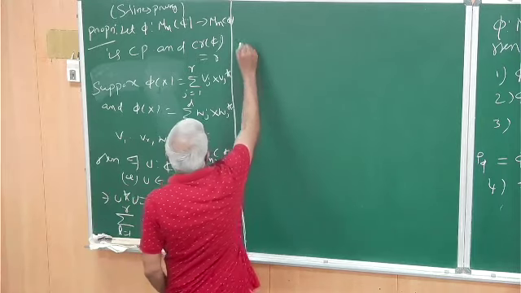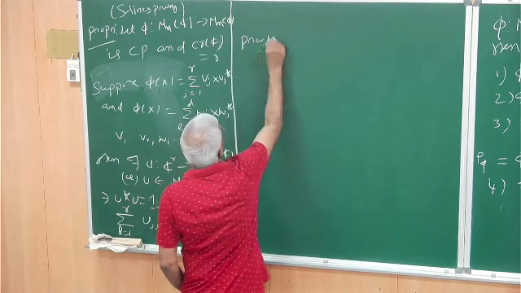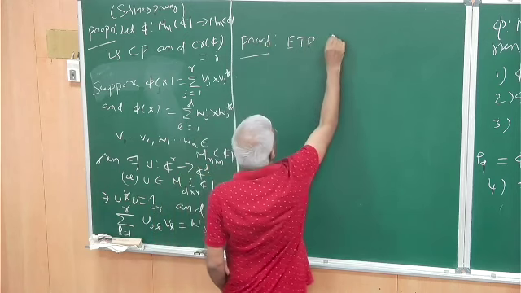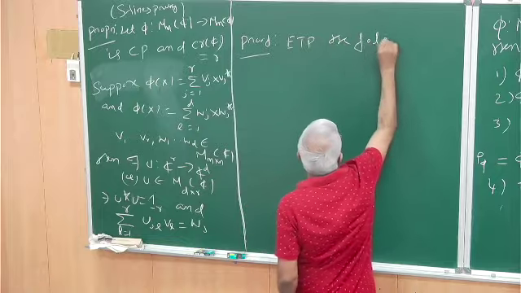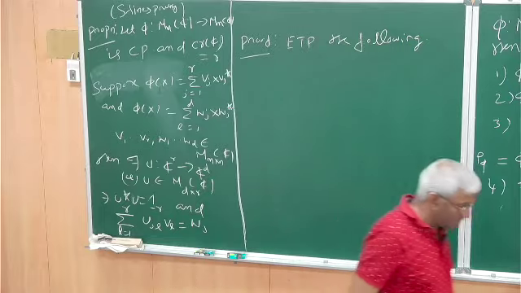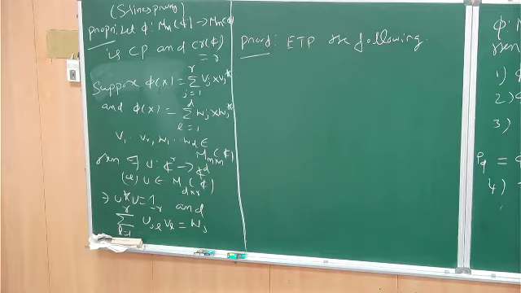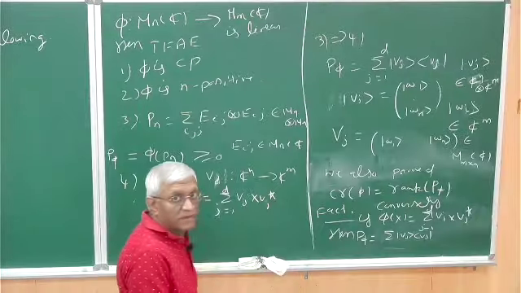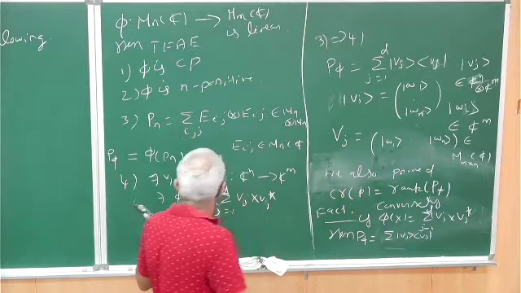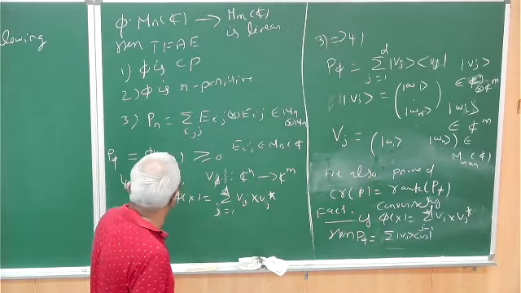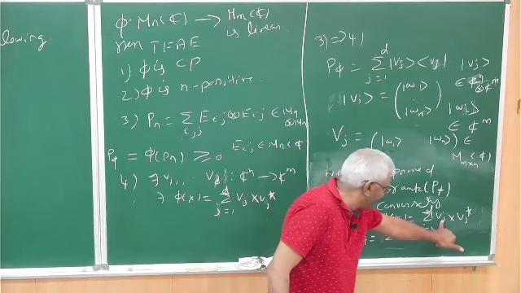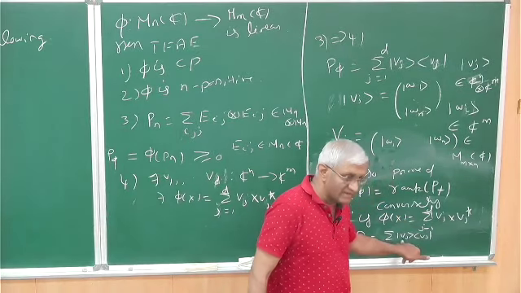So, proof. First, it is enough to prove the following. Because we have this correspondence between small v and capital V, if Vx is given by this, then P phi is given by this.